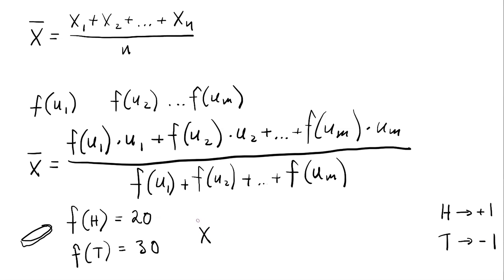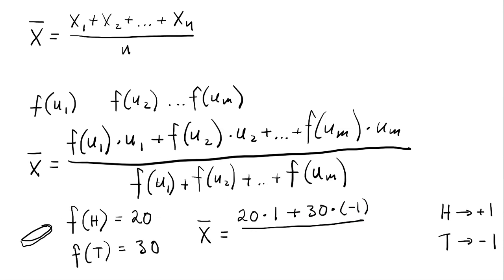What is the average then? I have frequency of heads is 20, and this is the data type heads, and that's represented by 1. And then we have 30 tails, so 30 times tails, and tails is -1.